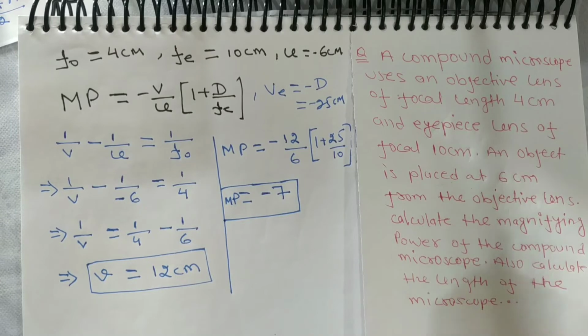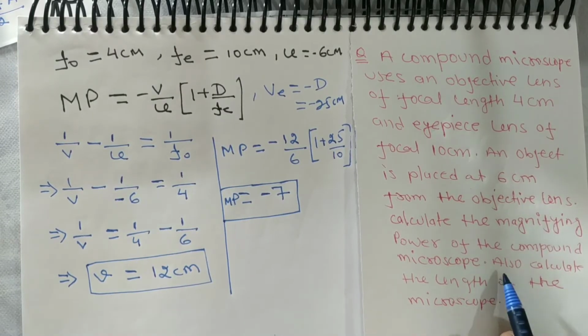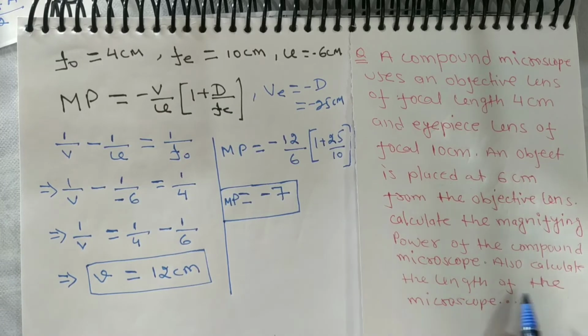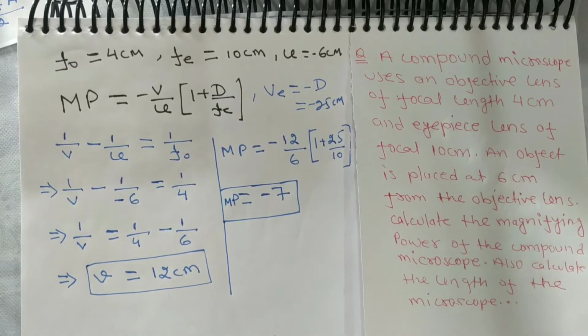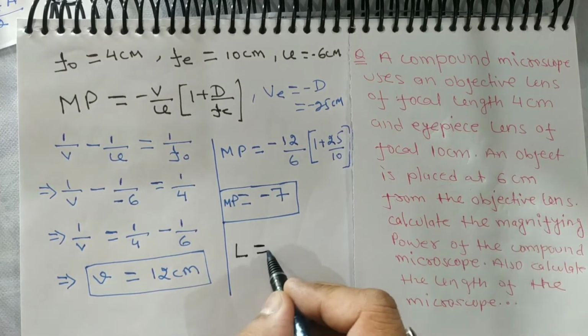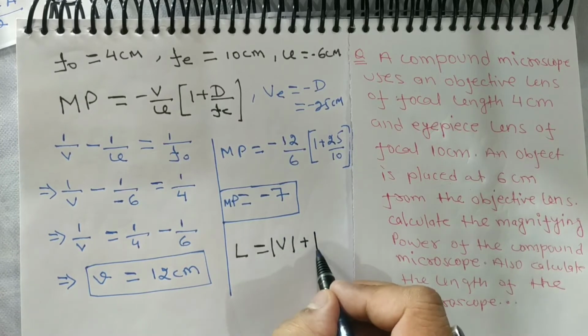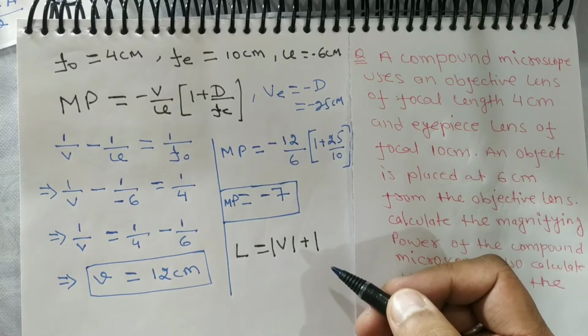Good. Now in the next section, it is said also calculate length of the microscope. Length means tube length, and we know that tube length is v plus ue.